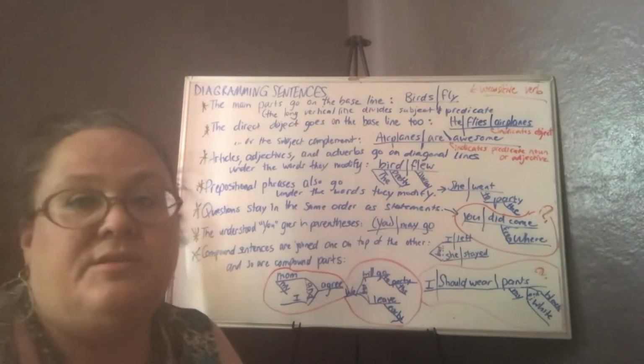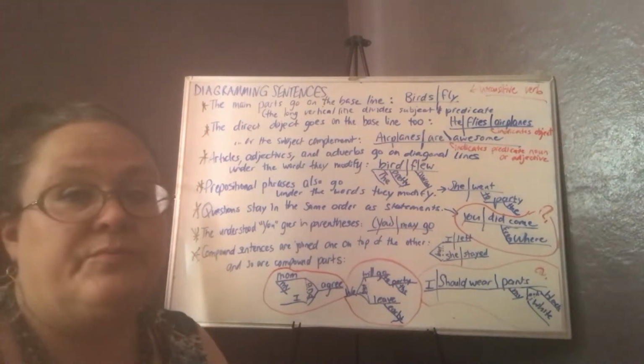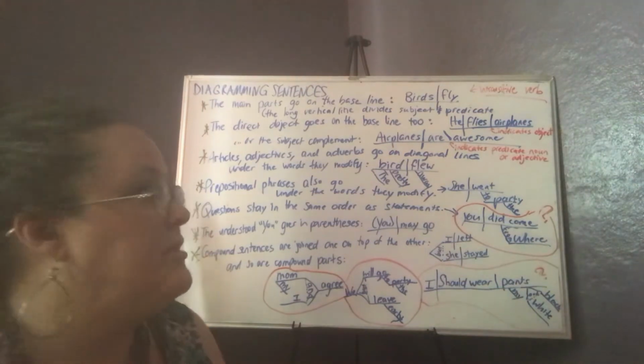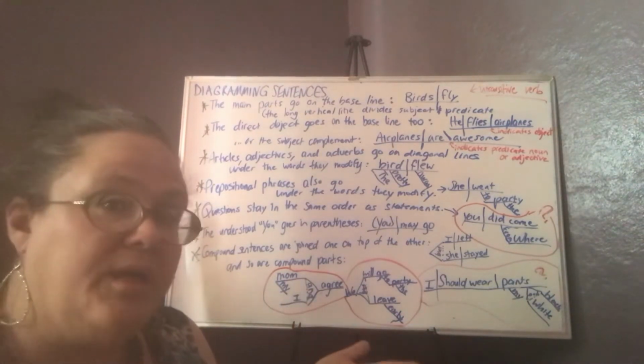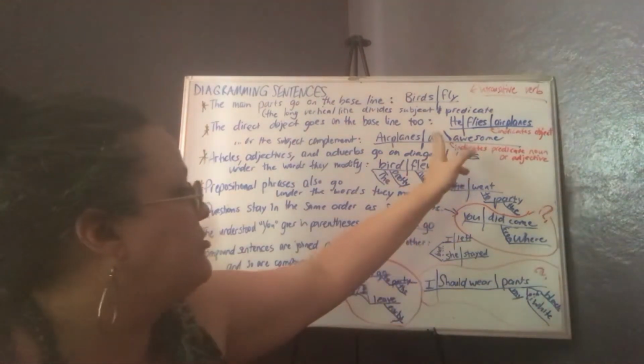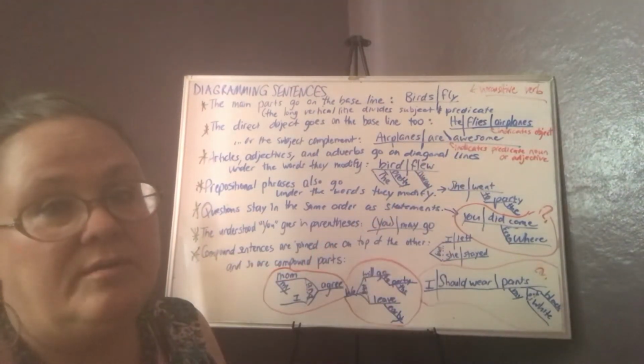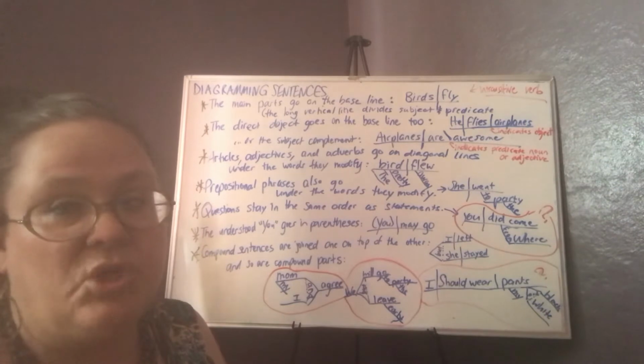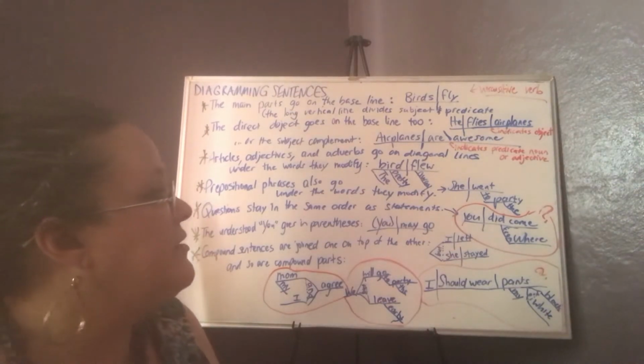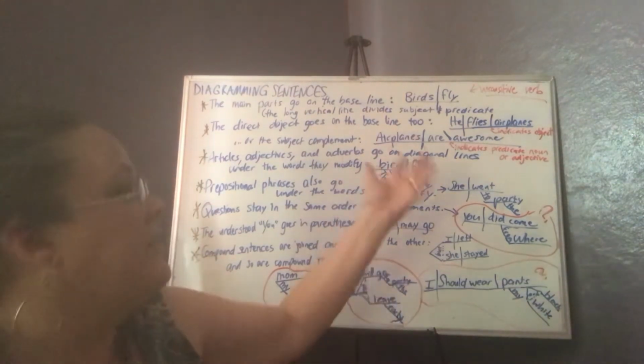You could have the sentence, airplanes are vehicles. In that case, you would be talking about a predicate nominative, but it would still go in the same place with the same diagonal line, and we know what nouns and adjectives are, so we know that vehicles is a noun and awesome is an adjective.